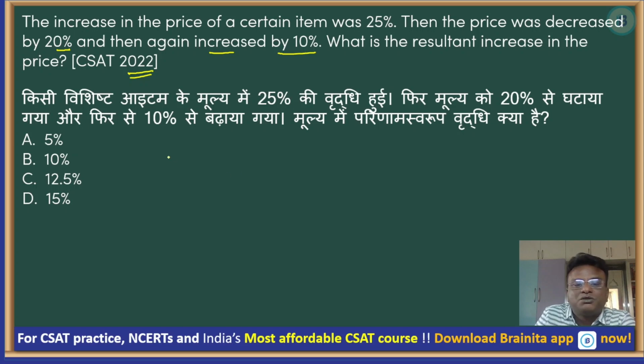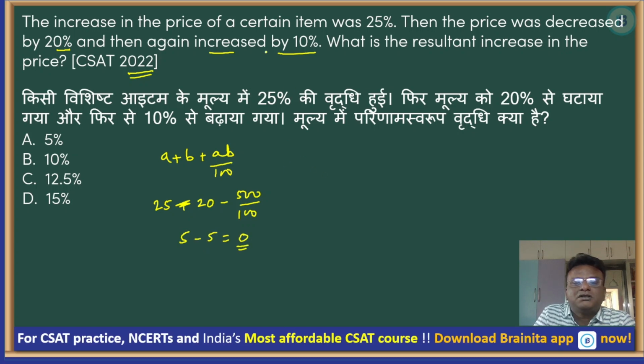Now you can solve this by this formula, because there are successive increases and decreases. First is an increase of 25%, then a decrease of 20%. So this is 25 minus 20 is 5, minus 5, that is 0%, and that means the price did not change.